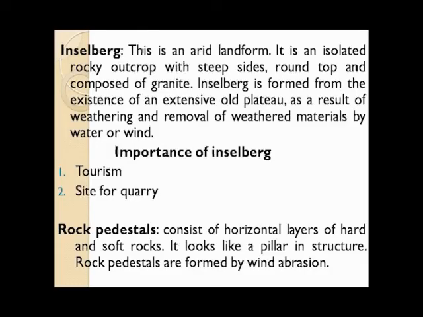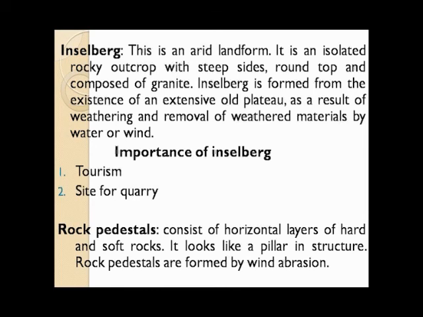Now let us look at what we call inselbergs. An inselberg is an arid landform. Arid, that is to say that such landforms are commonly found in dry areas like the desert.